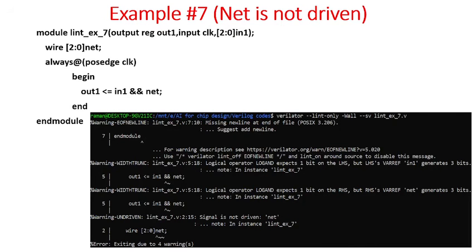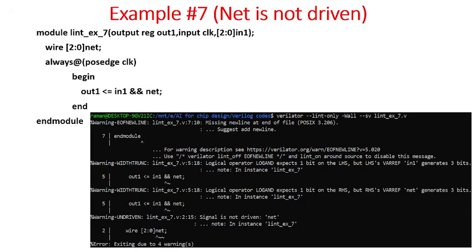Example 7, net is not driven. Okay, net is not driven. So here we have 3-bit net. Okay, 3-bit net. So let us see what it does. Logical operator logical and expects 1 bit on the LHS. Okay, out1 is 1 bit, in1 is 3-bit, and the net is 3-bit. So what it is exactly telling: logical and expects 1 bit on the LHS, but LHS in1 generates 3 bits.